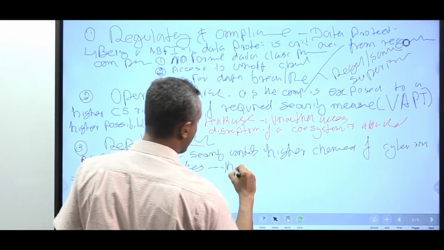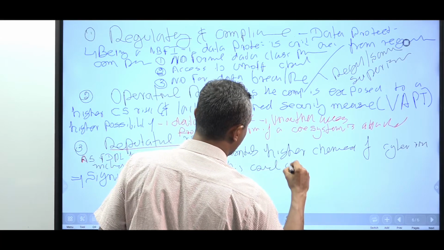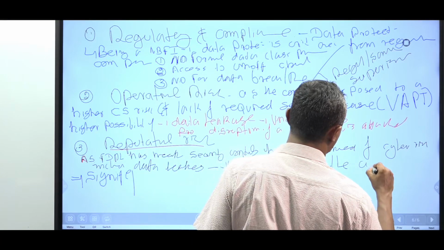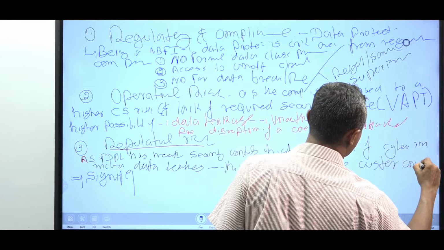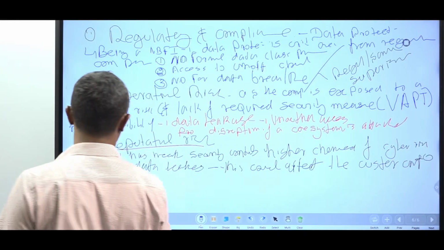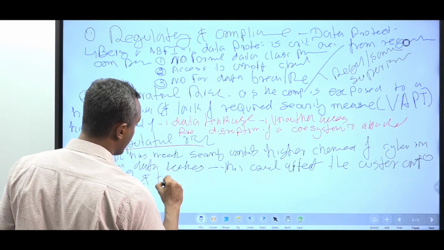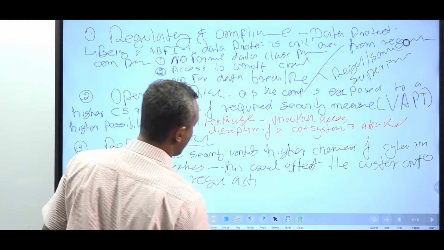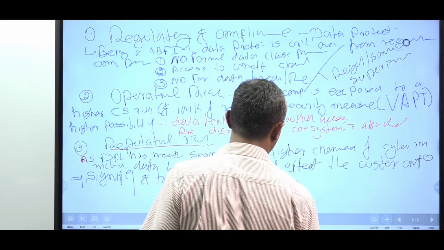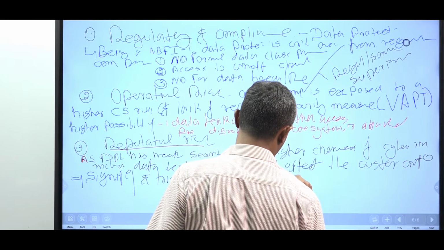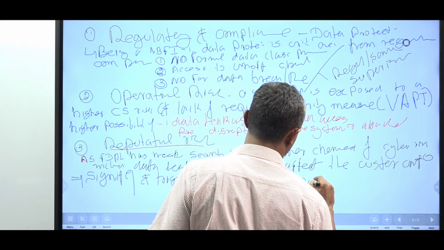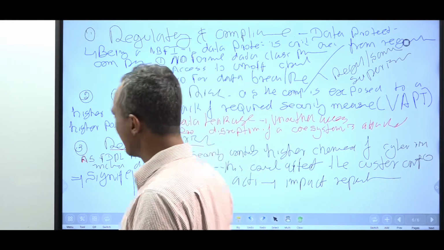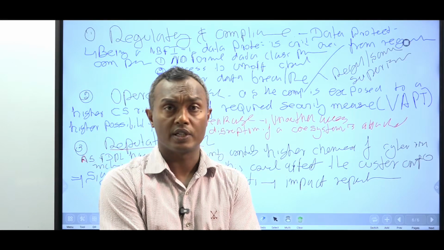This could affect the customer confidence, right, and trigger regulatory actions, which ultimately tarnish, right, impact the reputation of the main company. So that way you can simply write the reputational risk arising, right?